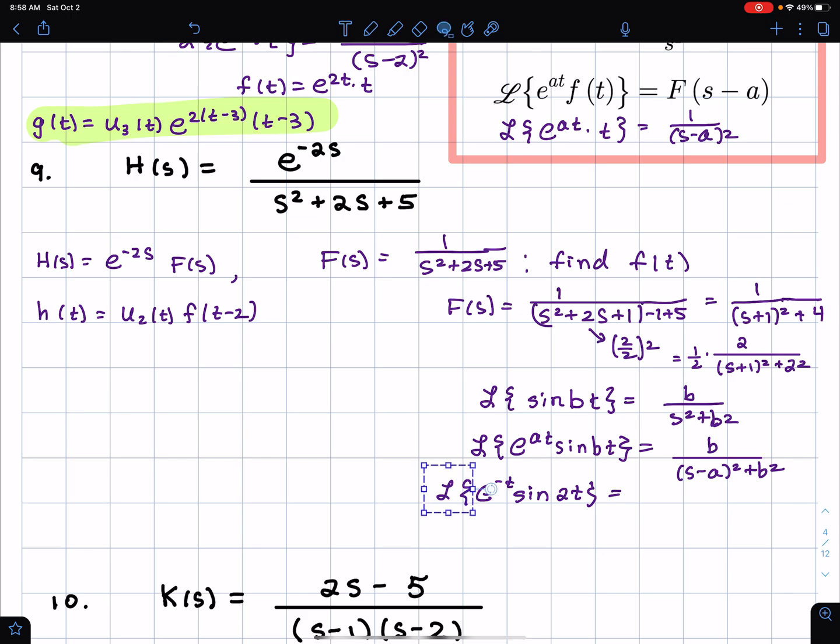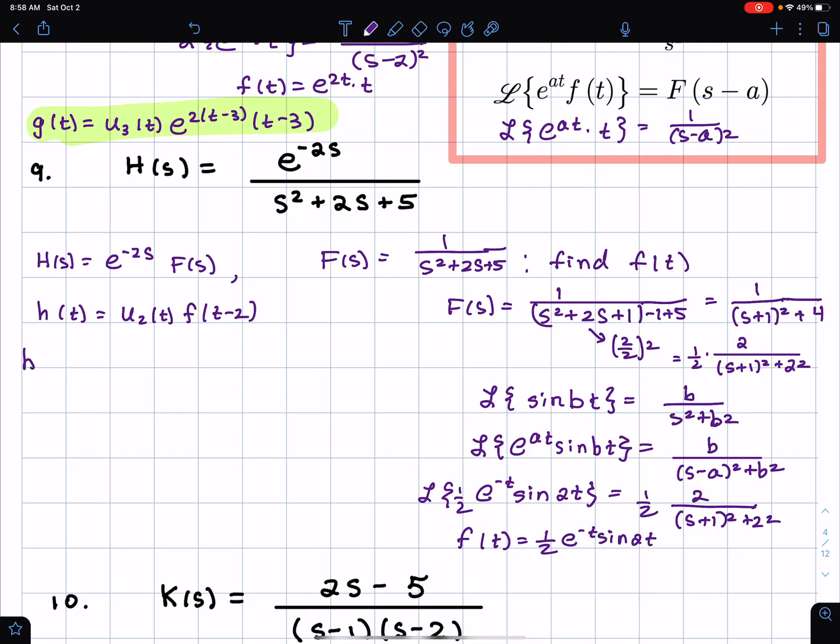Let's put the 1/2: 1/2 times 2 over s plus 1 squared plus 2 squared. So f of t apparently is 1/2 e to the negative t sine 2t.